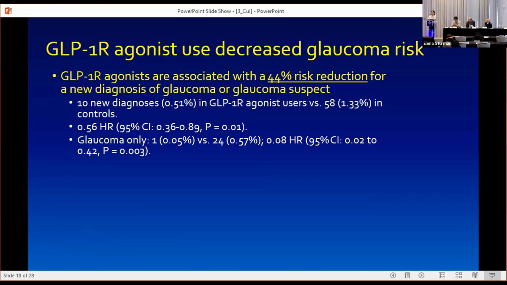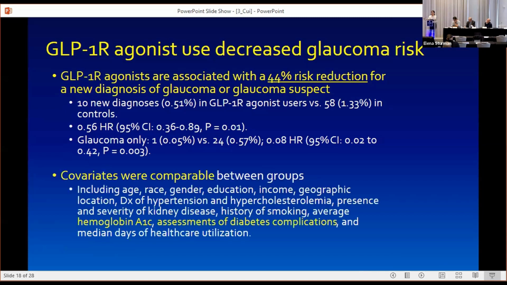If we took glaucoma suspect away from the outcome definition, it actually decreased the risk further, with a hazard ratio of 0.08. All covariates were relatively comparable between groups, specifically average hemoglobin A1C and assessment of diabetic complications.